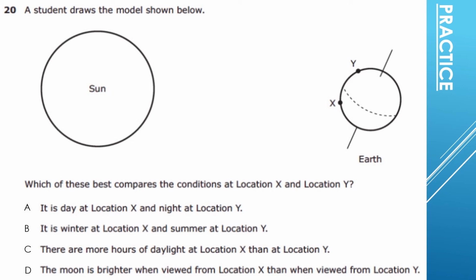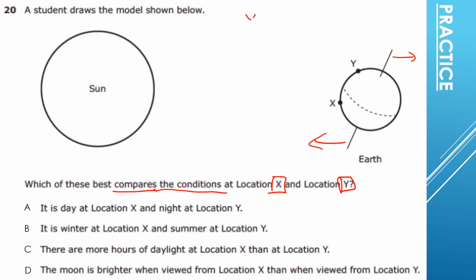So let's take a look at this. We want to compare the conditions at location X and location Y. All right, so let's start with what we can determine from location Y. Here's our axis. It's pointing away. This one's pointing towards.